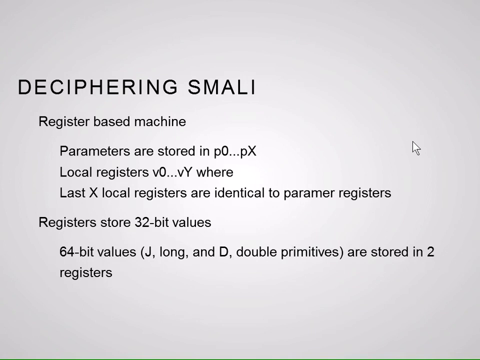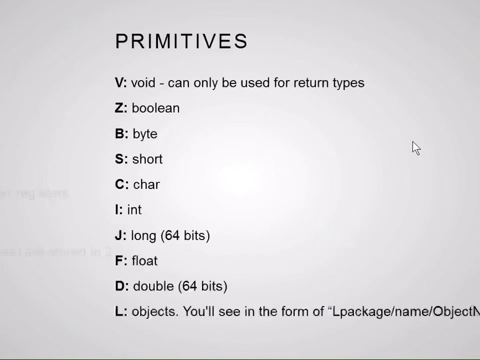So if you have 10 parameters and 15 local variables, the last 10 are overlaid on top of each other. You'll see that some in the disassembly and have to get an idea of what's there. Registers are all 32-bit values, and all the primitives are 32-bit except for the longs and doubles. And those are stored just across 2 registers.